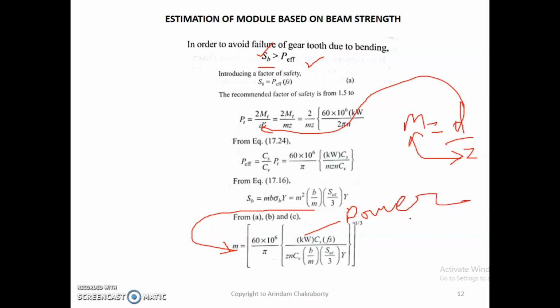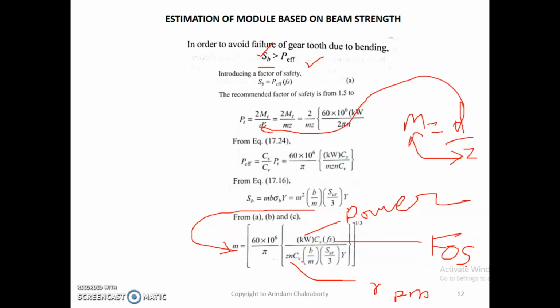CS is the service factor. FS is the factor of safety, FOS. Z is the number of teeth. N is the RPM. B is the width of the gear. M is the module. CV is the velocity factor.